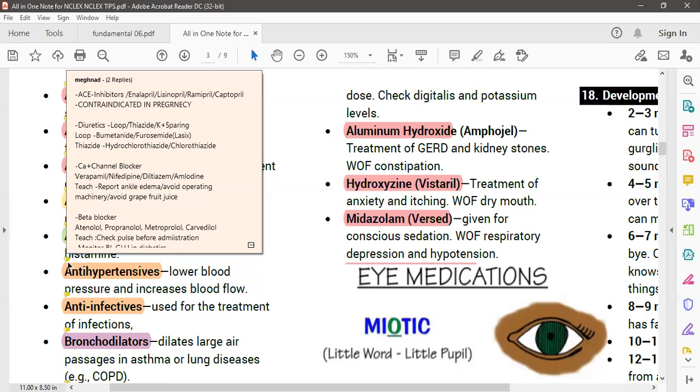So we need to monitor the blood creatinine level. Sometimes angiotensin converting enzyme inhibitors can cause impotency.